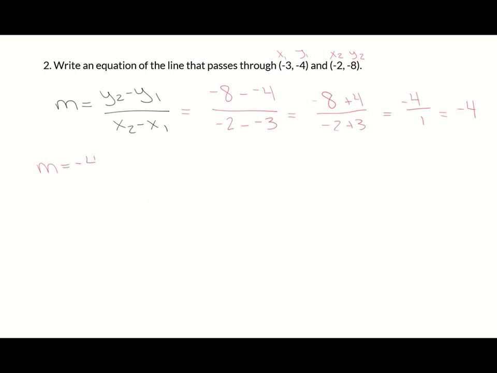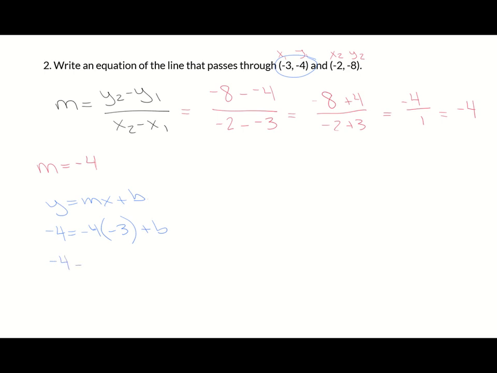So now I have that. So I can choose either of these points to plug in slope-intercept form. I'm just going to choose the first one just because. So we use y equals mx plus b. And I'm going to use the -4 for my y. My slope we found was -4. And for x, I'm going to use that -3, plus b.